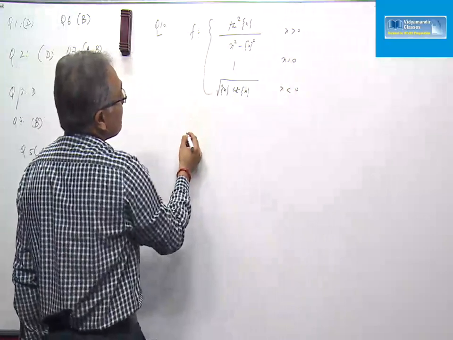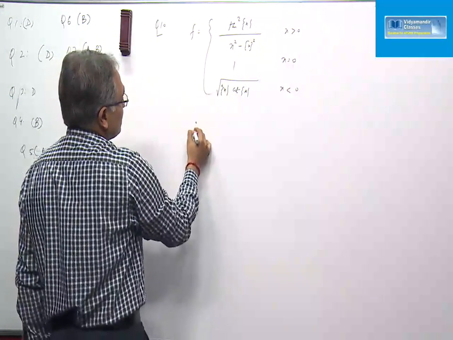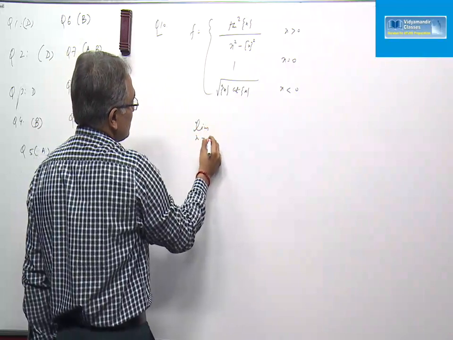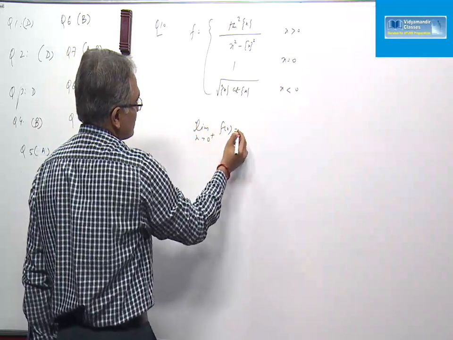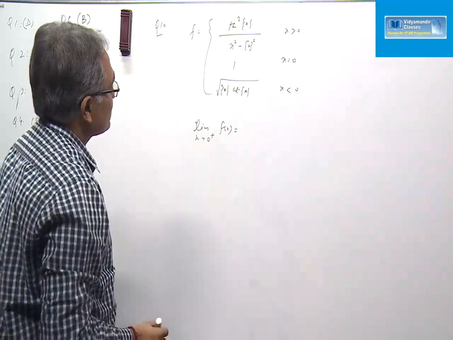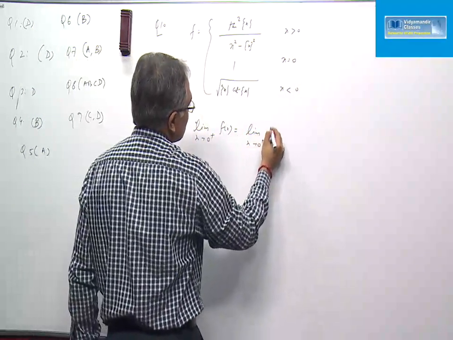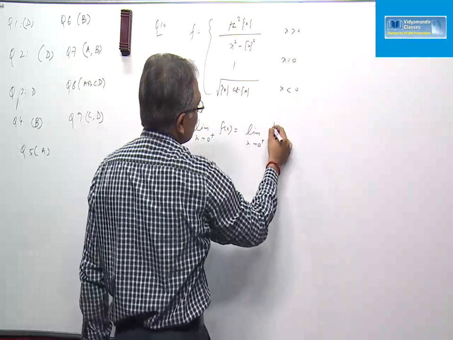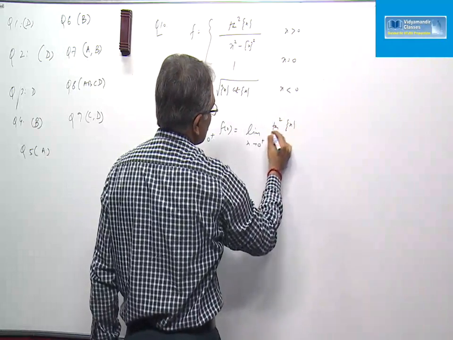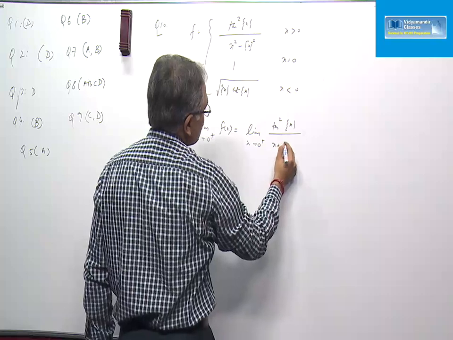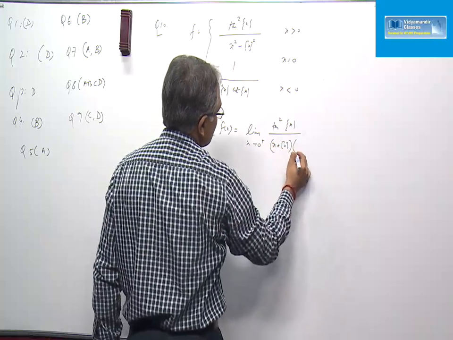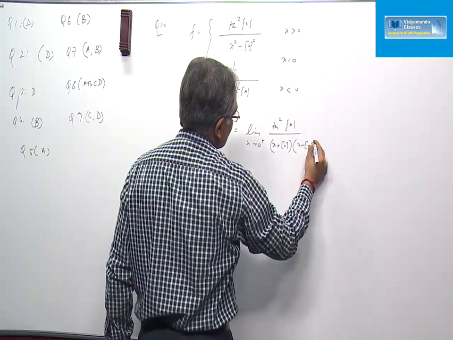Now let's say limit x approaches 0 plus of f(x). First option, limit x approaches 0 plus of f(x) is limit x approaches 0 plus of this function, that is tan square fractional x over x plus greatest integer x times x minus fractional x minus greatest integer x.